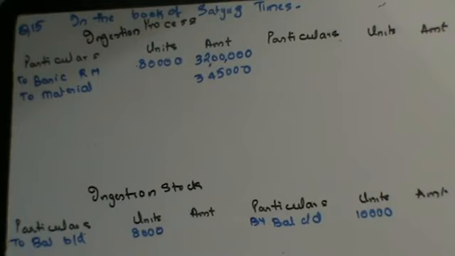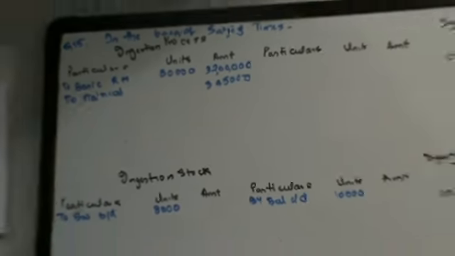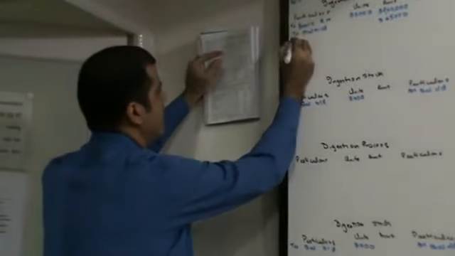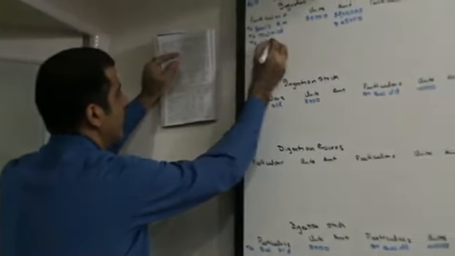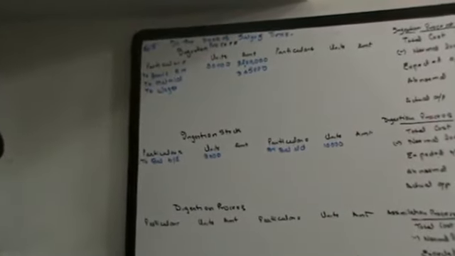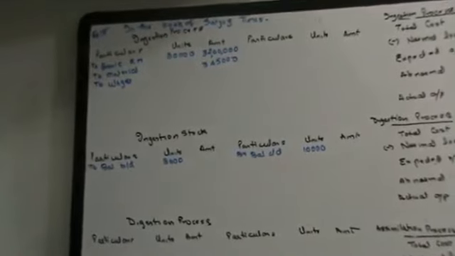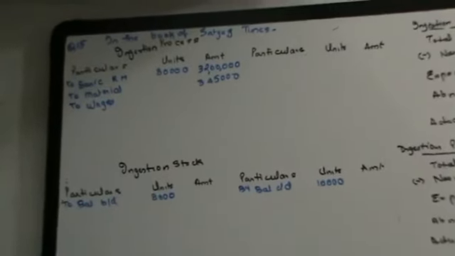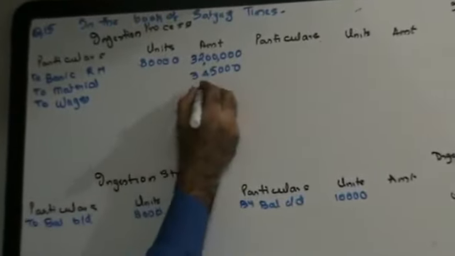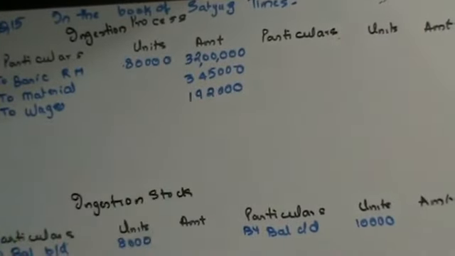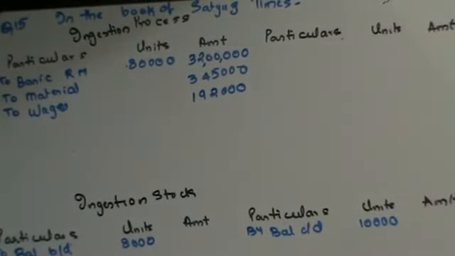I have 2,400 workers working for me. Each worker is being paid 80 rupees per day. So 80 into 2,400 will give me my total wages, which comes to 1,92,000. That's how I get wages.